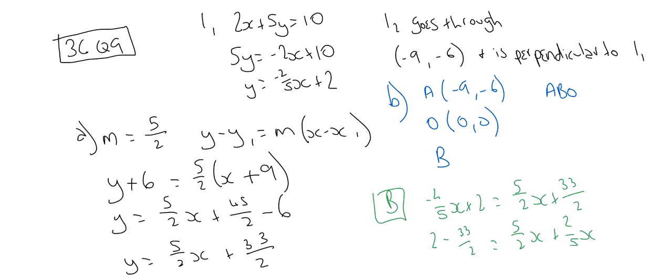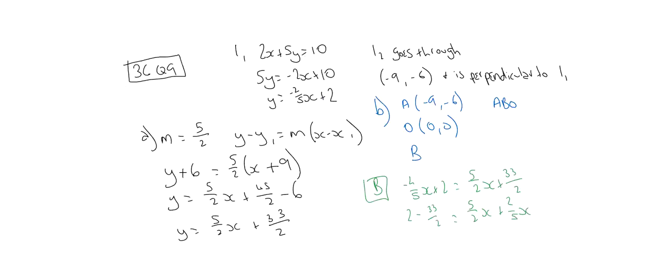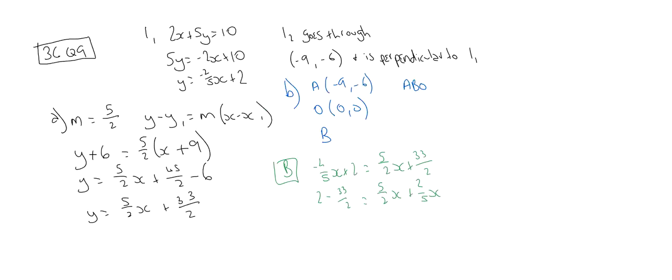Actually, maybe I'll just zoom out a bit and move that over here. All right, so then I end up with negative, what have I got? Oh, I've written the wrong thing. Anyway, if we add this together, we end up with 29 over 10 x, and this is 4 minus that, so negative, well, that doesn't sound right.